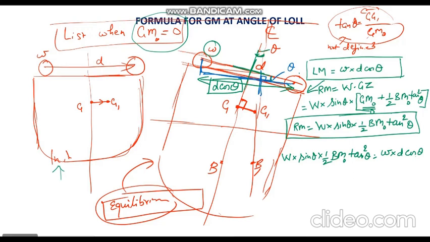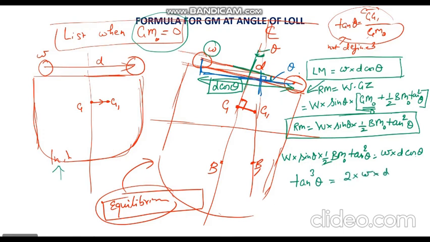If I bring the cos theta to the left, then this sine and this cos make another tan. It becomes tan cube theta on the left side. I retain tan cube on the left side and take everything else to the right side.